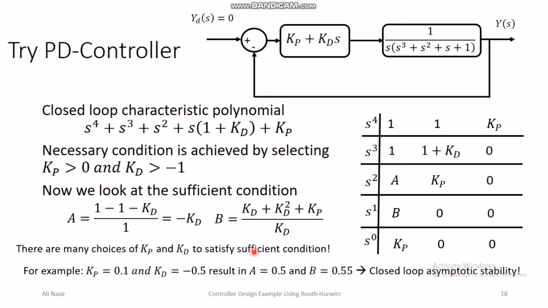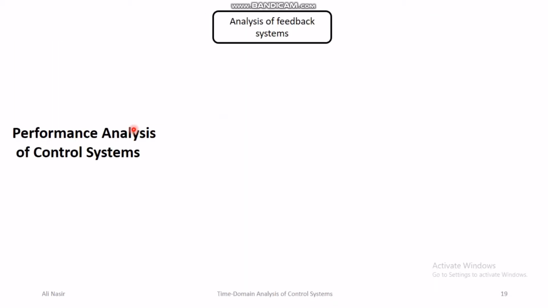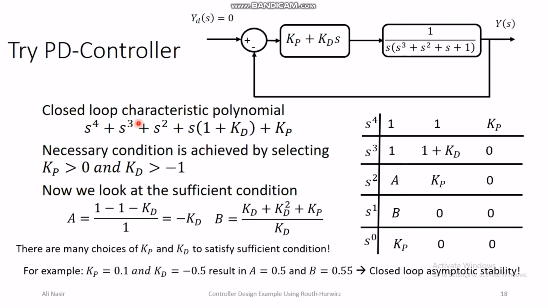So your controller will be 0.1 minus 0.5s. So 0.1 minus 0.5s will be your PD controller, which will make this system asymptotically stable. This was a controller design using Routh-Hurwitz. It is the same example that we have discussed during the course, and I have included it in the review of the course as well.